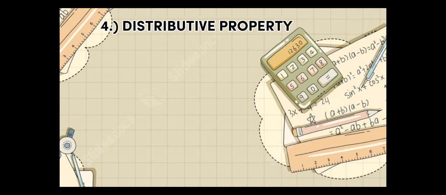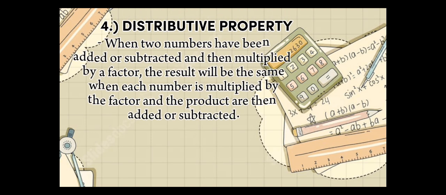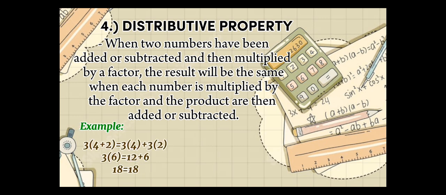Number 4 is distributive property. When two numbers have been added or subtracted and then multiplied by a factor, the result will be the same when each number is multiplied by the factor and the products are then added or subtracted. For example, 3 times the quantity 4 plus 2 is equal to 3 times 4 plus 3 times 2. The word distributive means we distribute the given number, which is 3, into the factor, which is 4 plus 2.